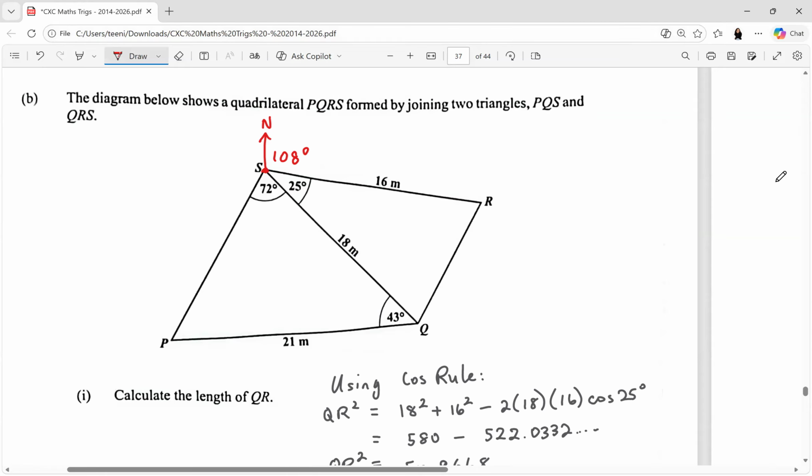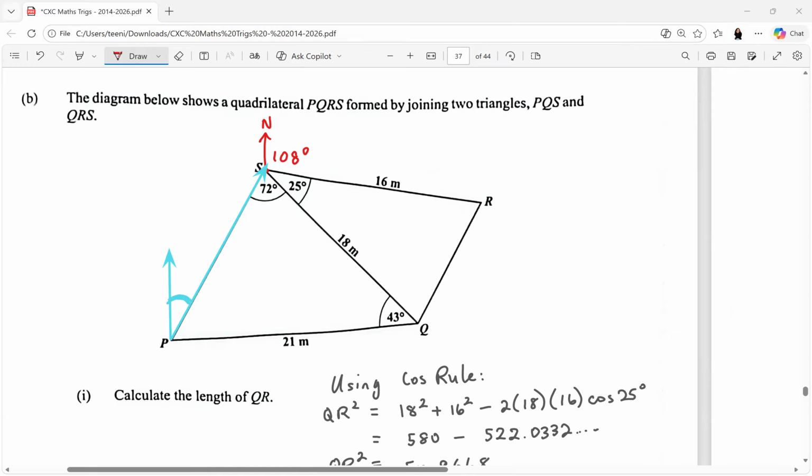S from P will be from P, so that means our north line goes at P. And then S from P will be the angle between your north line here to S. So that's this angle over here is the bearing of S from P.